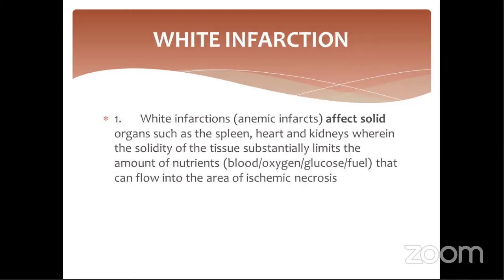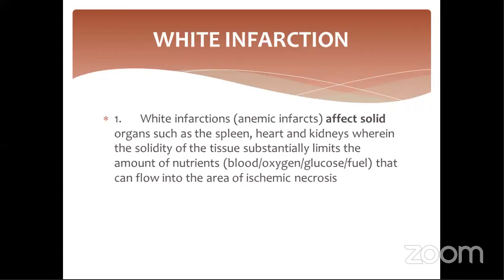White infarction affects solid organs such as the spleen, heart, and kidneys, wherein the solidity of the tissue substantially limits the amount of nutrients, that is blood, oxygen, and glucose carried by blood, that can go into the area of ischemic necrosis.